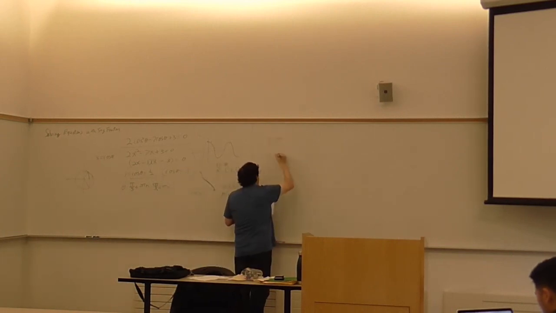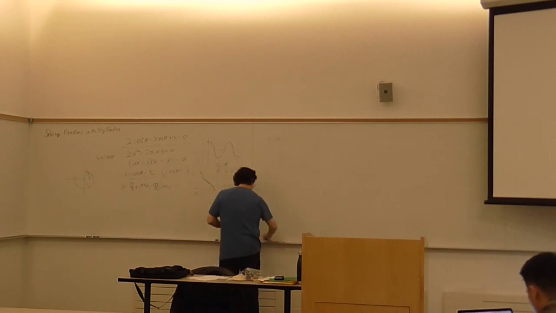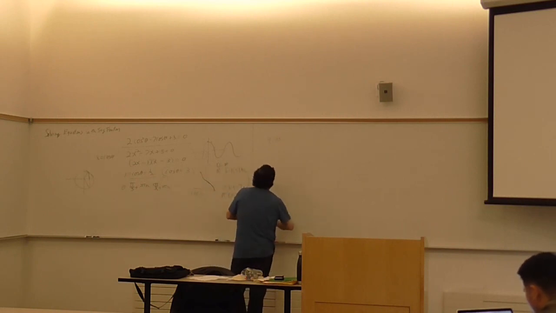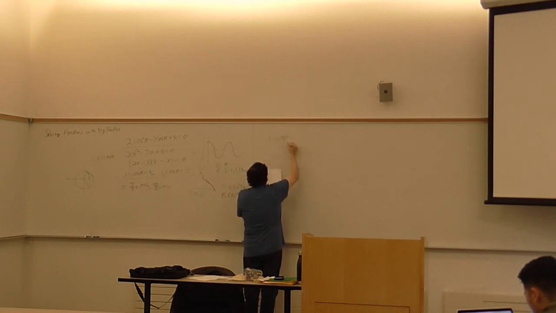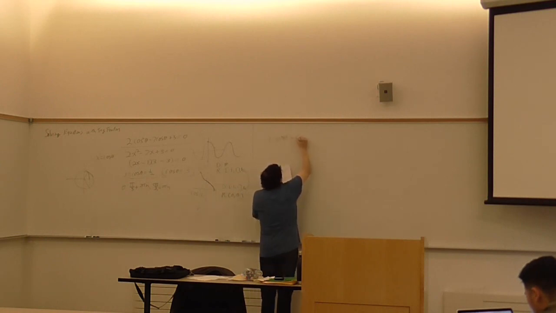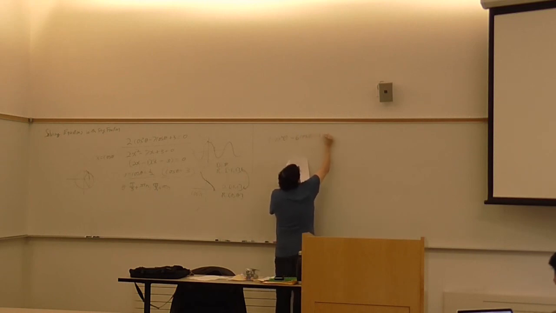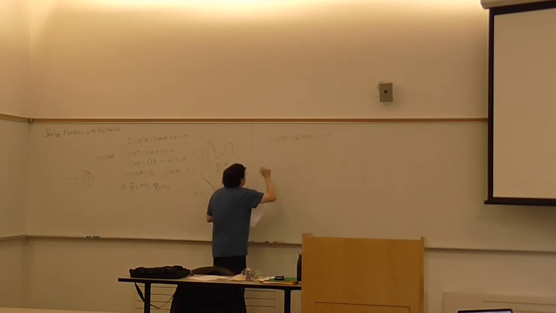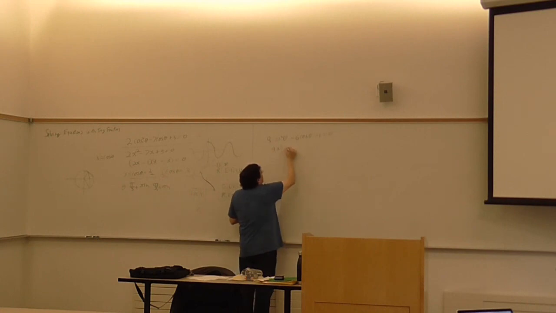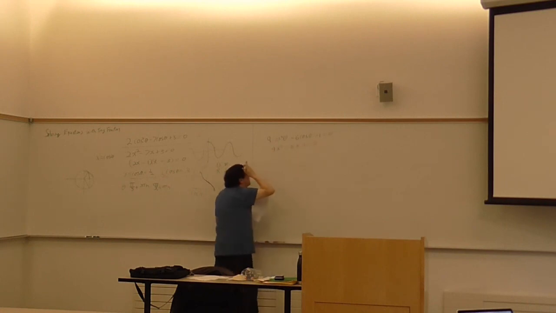9 cosine squared theta, I guess this is a negative sign, minus 6 cosine theta minus 1 equals 0. Again, don't feel shy about rewriting it this way if it makes it easier: 9x squared minus 6x minus 1 equals 0.